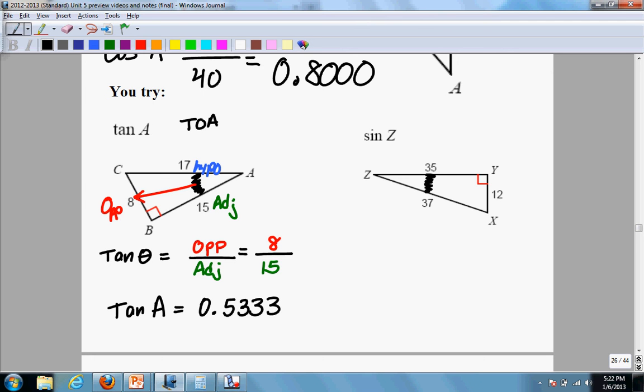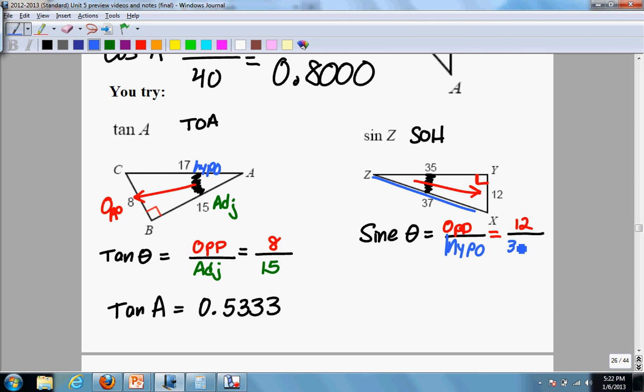Now let's come over here and find the sine of Z. We know the sine ratio, sine is SOH, opposite over the hypo. In this case, the opposite is 12, and the hypo across from the right angle is 37.